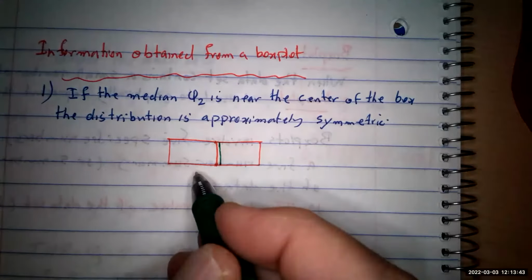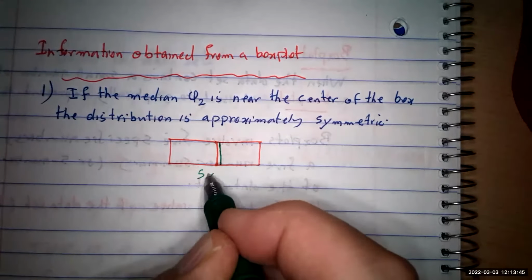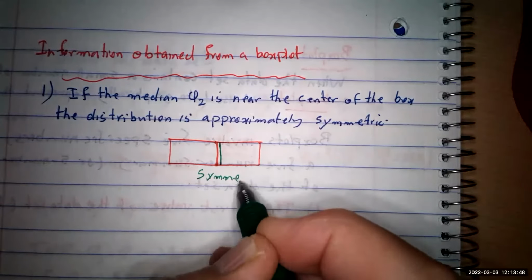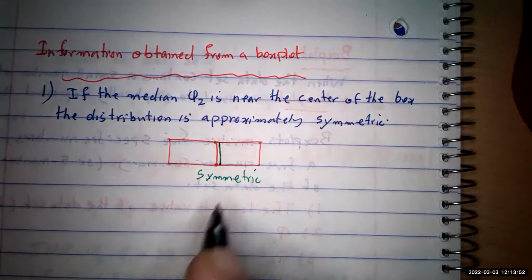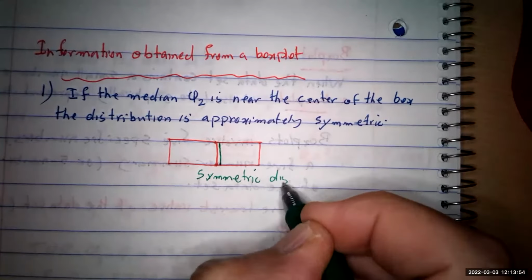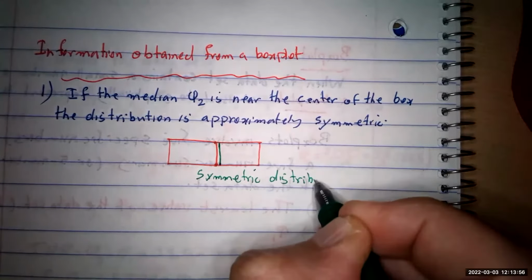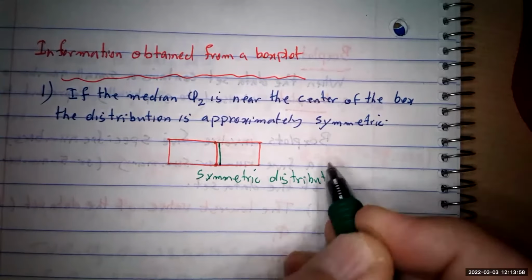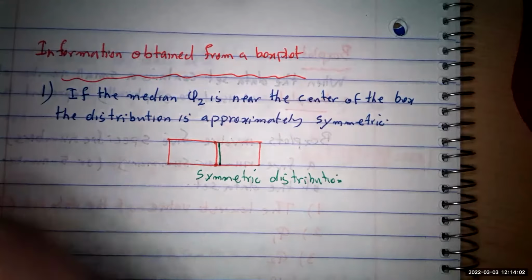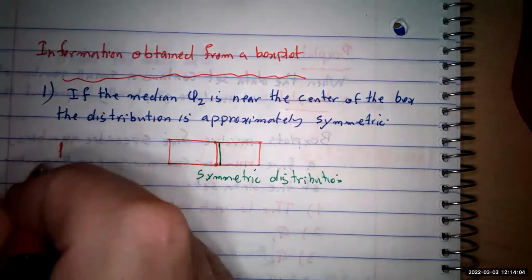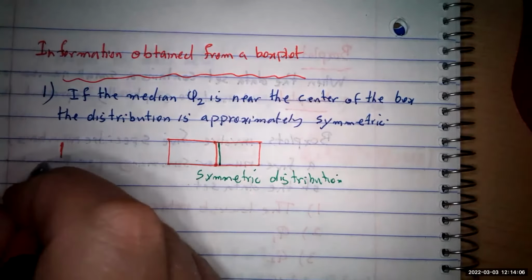So in this case, this is the case that they call a symmetric distribution. Symmetric distribution. So when I use this red one, you have to do it on the test, the red one. And this is going to be the center of the box.